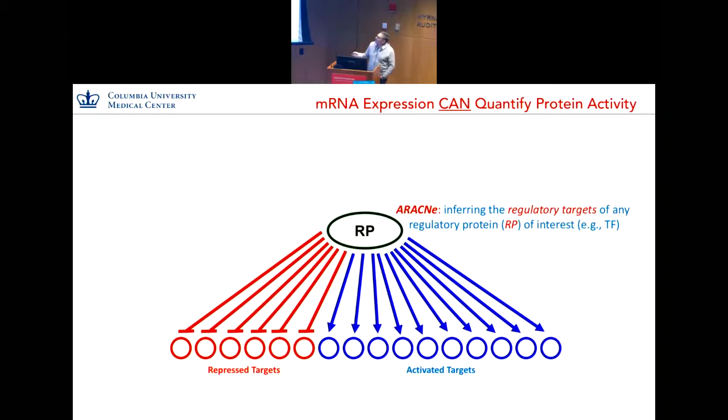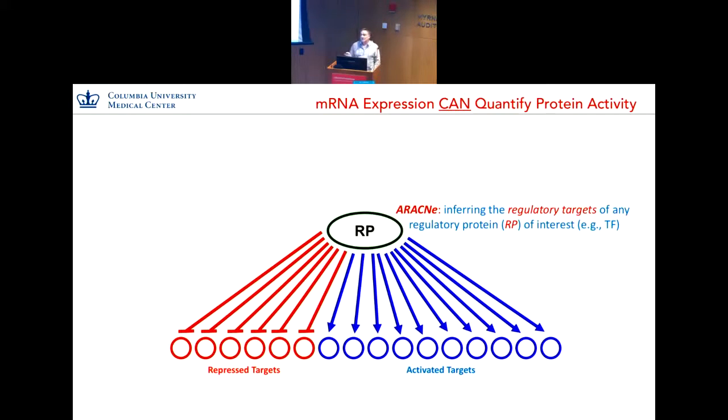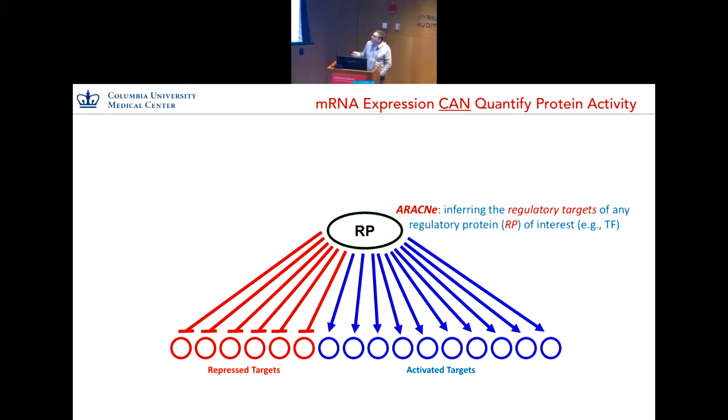And then what we thought is that maybe we could use the actual regulatory targets of a particular regulatory protein, both the ones that are repressed and activated, as a multiplex gene reporter assay that would tell us whether this protein is activated or not, either enzymatically or from a regulatory perspective, without actually having to measure its activity.